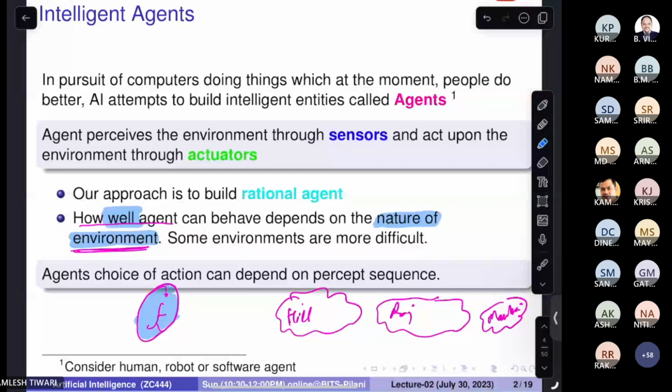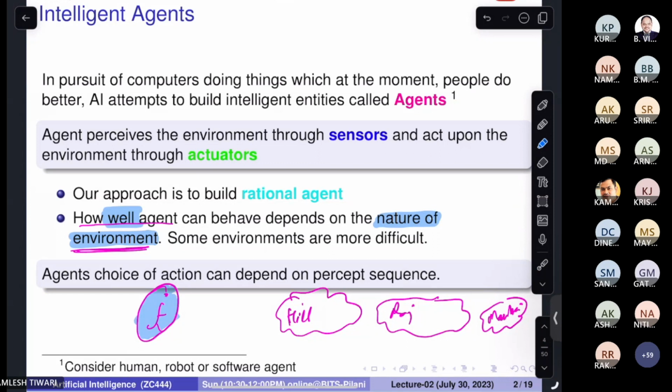If we had trained it in a different way, this would be a different agent. Based on our training, my agent is going to differ. So right now, whatever training I have done, I have an agent. And now I want to find out how good this particular agent is. If I change the environment, its performance is going to change.